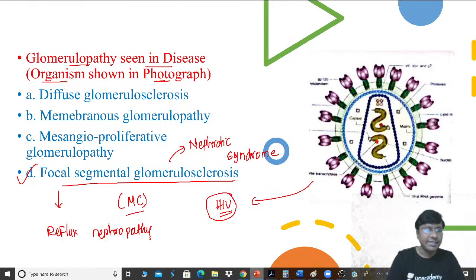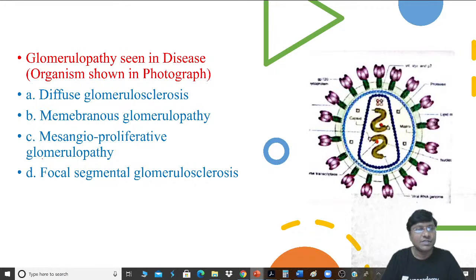Right, and the next question is on HIV causing glomerulopathy. The most common form of glomerulopathy caused by HIV is focal segmental glomerulosclerosis.